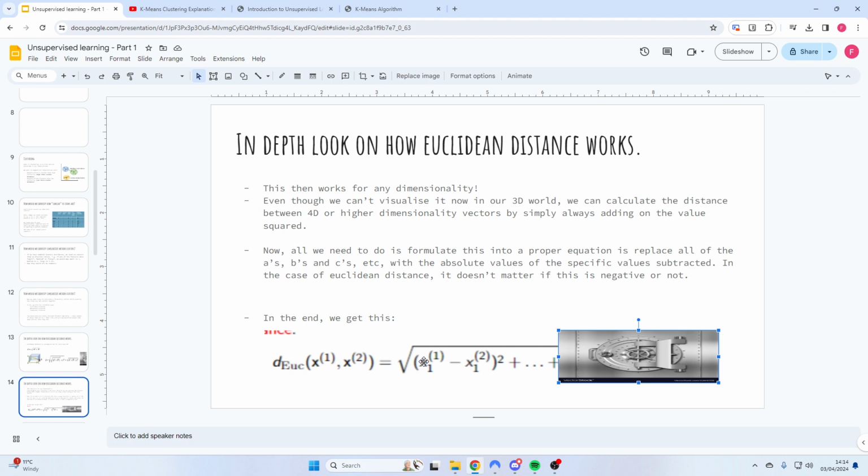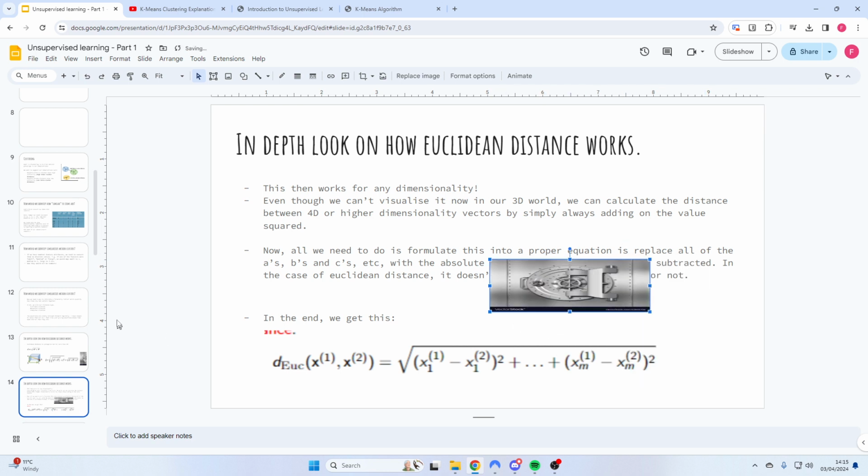If you're doing Chebyshev distance or Manhattan distance, you then want to take the absolute value, so you always have its positive value. But here, because it's Euclidean, you're squaring the values every time. It doesn't matter if it's negative or positive, because minus 2 squared is the same as 2 squared.